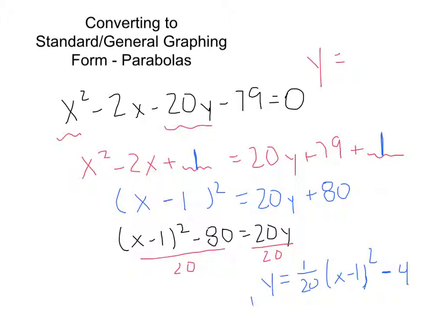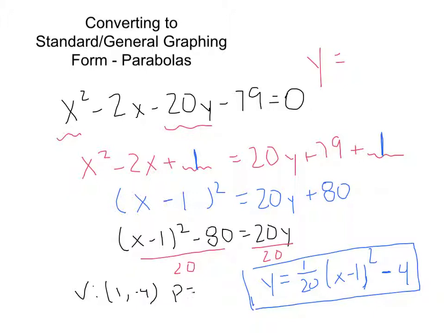So now we have this equation in a form that we can use to graph, find the vertex, and find the focus. In fact, let's look at a couple of things while we have it here. The vertex of this one is 1, negative 4. And we can see that 1 over 20 is a, so we could say that p equals 5. And then we could go ahead and find the focus, find the directrix, and graph our parabola.